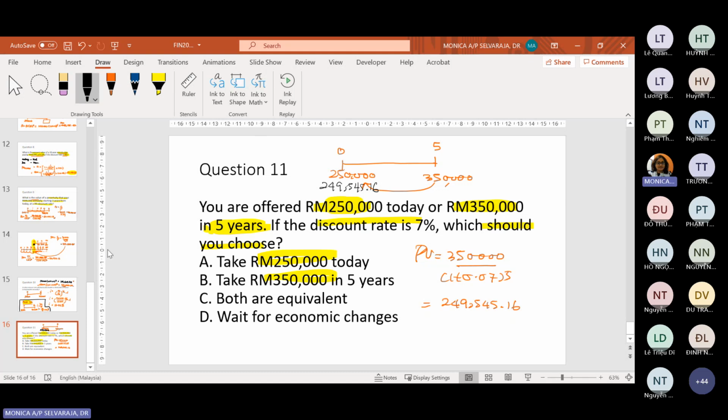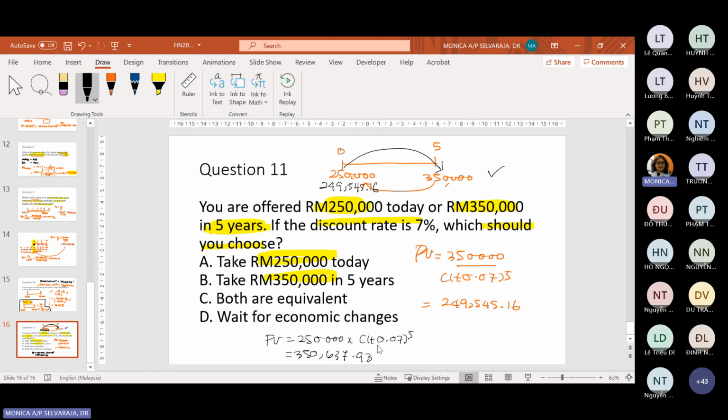So I can also invest 250,000 for 5 years. What will I get in the future? I use future value. So I'll get 350,637.9. So it's lower. So you go with 250,000.